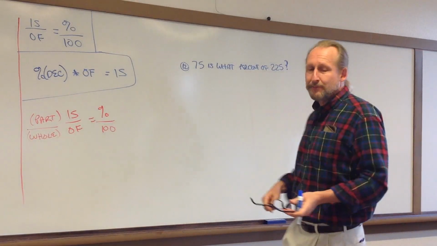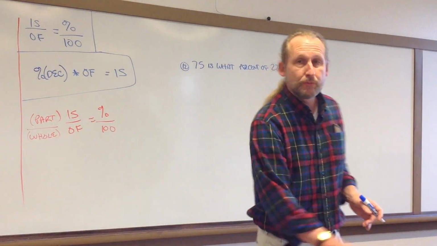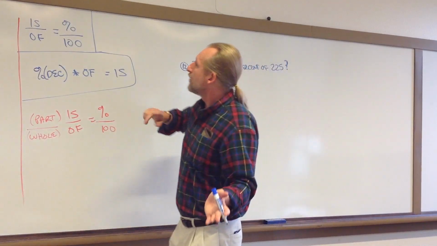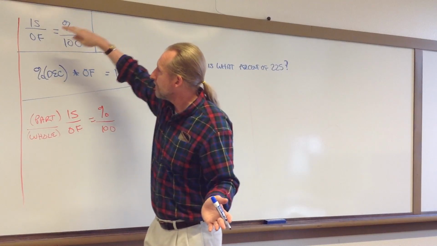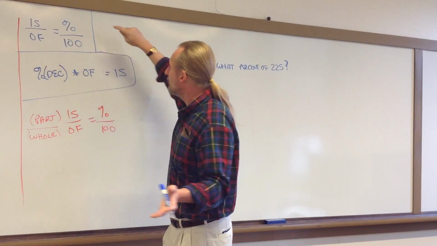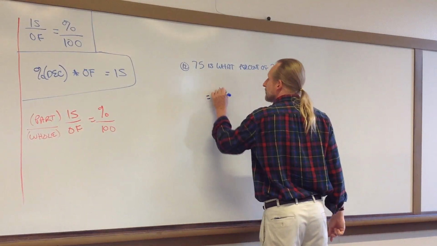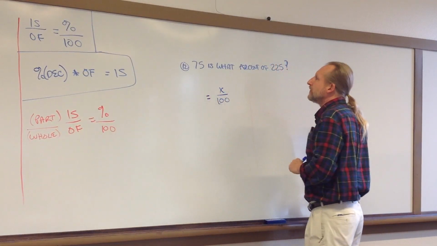That's what I was talking about at the beginning, how these are grouped. The first four are one kind of problem: you're looking for the "is." In the second four, you're looking for the "of." And now in this third group, we're looking for the percentage. Okay? So our percentage will be the variable, the unknown.